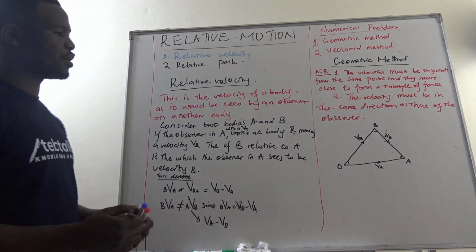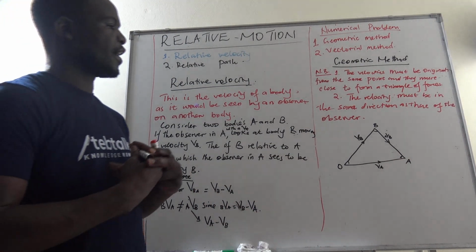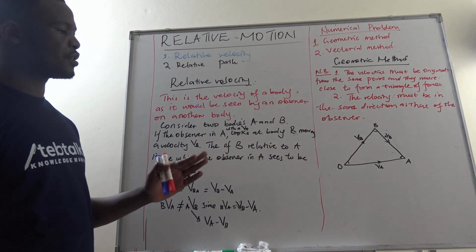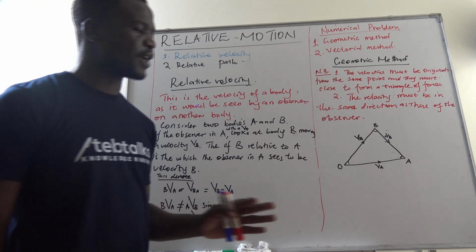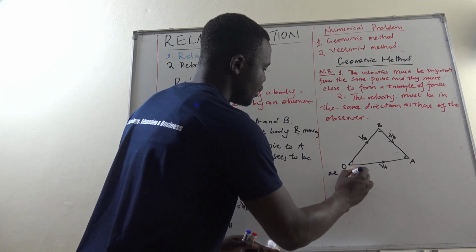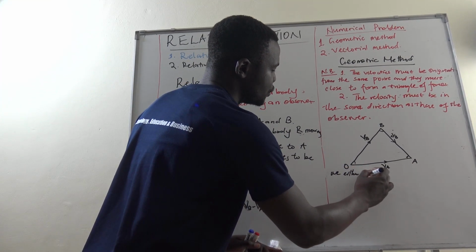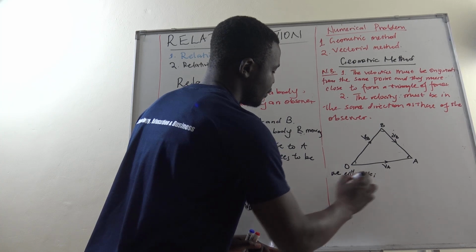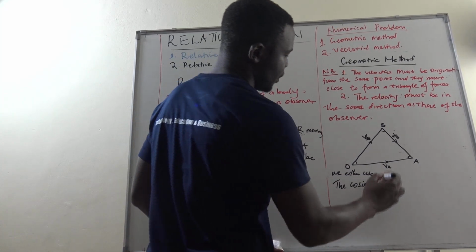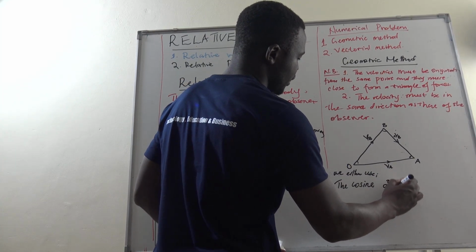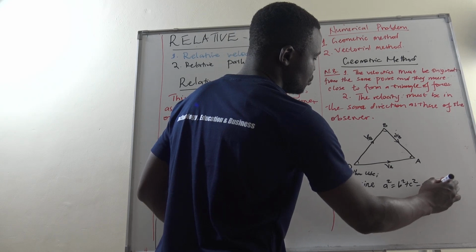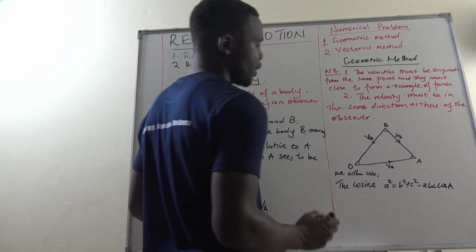Now, for us to be in position to calculate the relative velocity of A to B, we either use the sine rule or the cosine rule. So here we can say that we either use the cosine rule, and what does the cosine rule say? It says A squared is equal to B squared plus C squared minus 2BC cos A. Now, where is A?